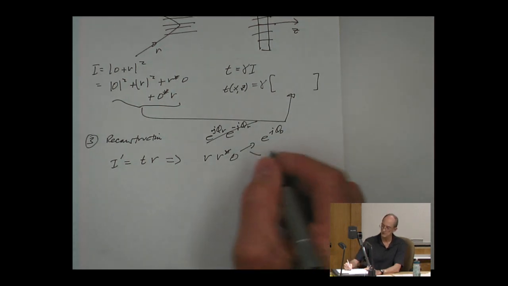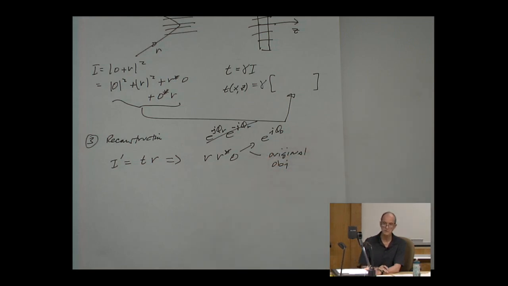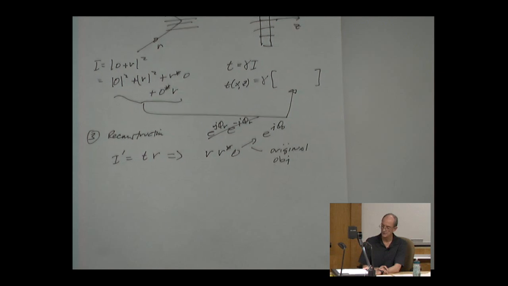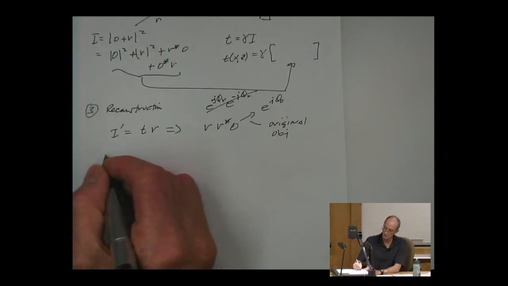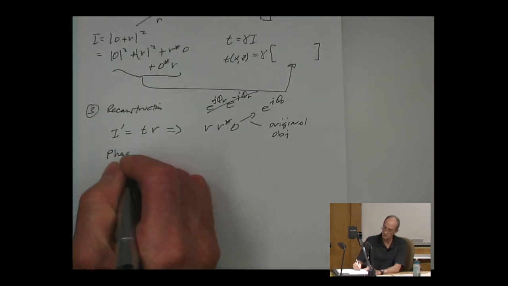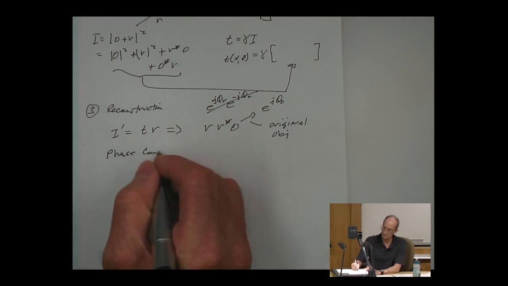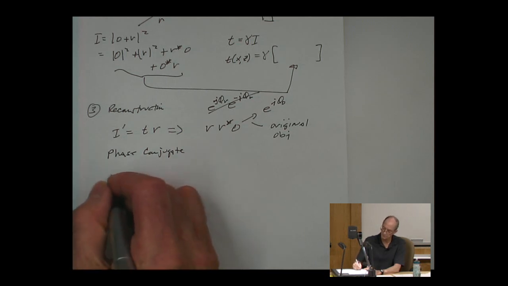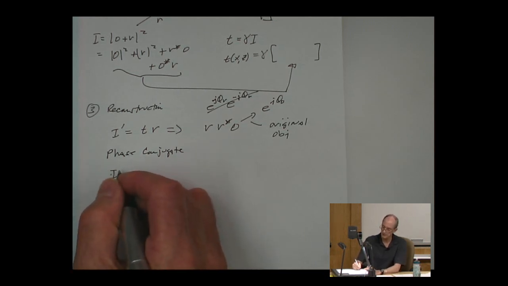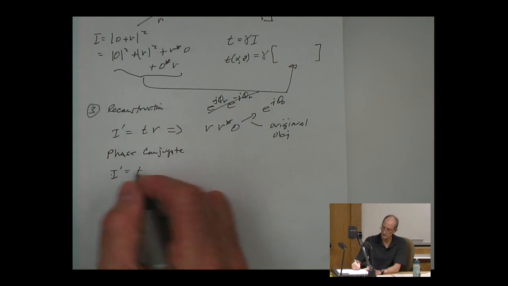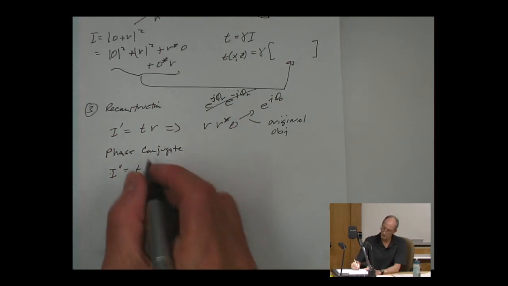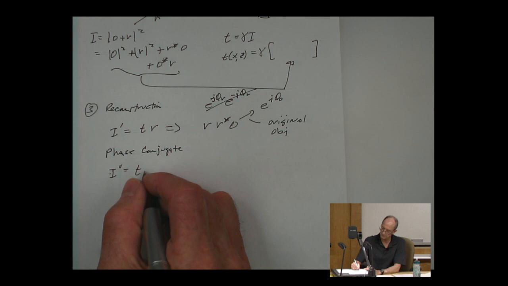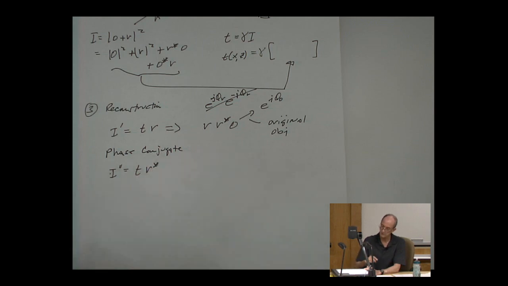So this is just demonstrating how we get the original object field coming out of that reconstruction. And we can also do what's called a phase conjugate reconstruction. Mathematically, that is easily described by just taking, we'll call it I double prime, to indicate the conjugate, T times R star.